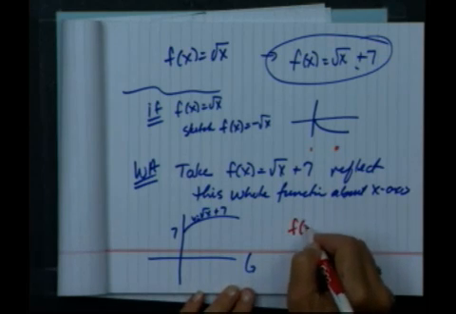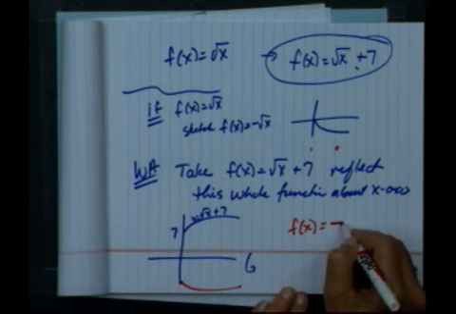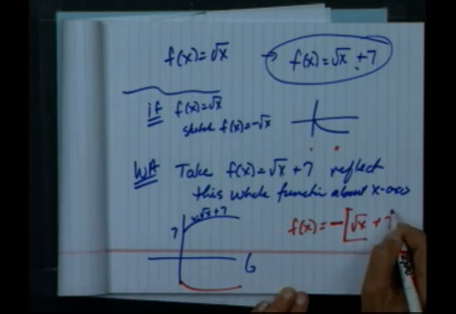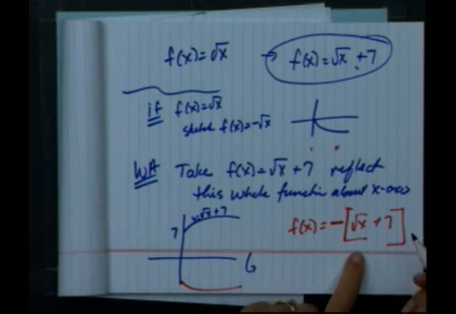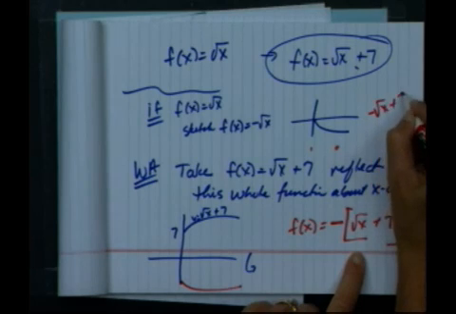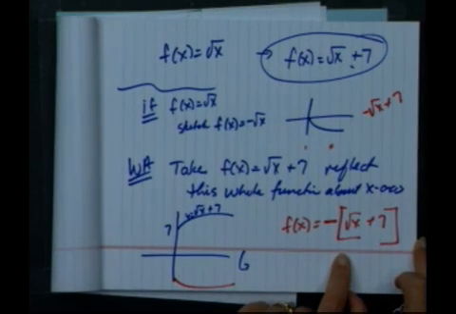So the new function, to get it down here with a reflection, is going to be minus that whole function, minus the square root of (x plus 7). And that is different, as you know, from minus square root of x plus 7, because you'd have to distribute your negative. Does that somewhat help with that WebAssign question?